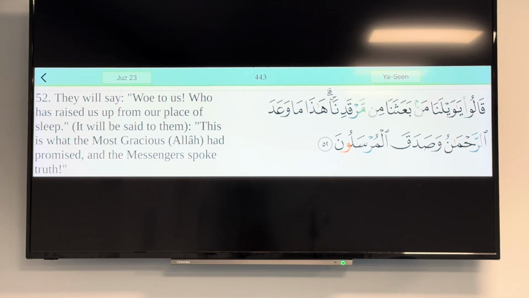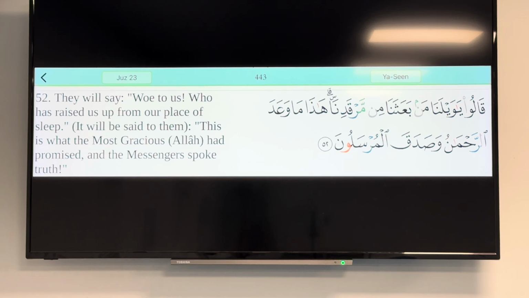And the messengers, referring to those who came to them at that specific time, spoke the truth. But the people at that time called the messenger a liar. In the case of the Prophet ﷺ, they called him a madman, a soothsayer, majnoon. All these labels they gave to the prophets and messengers, but they actually spoke the truth.